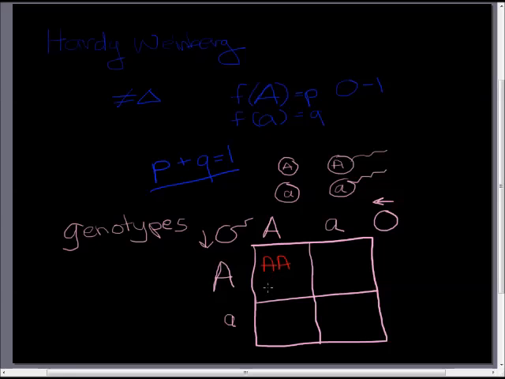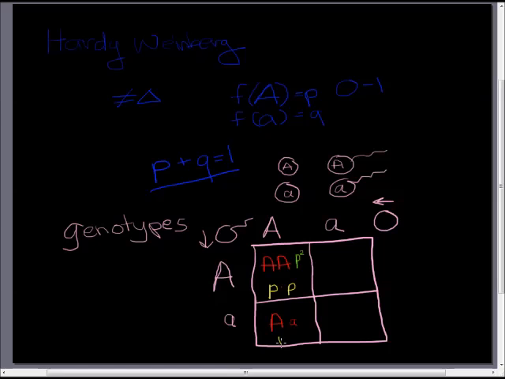So the frequency of finding this is just going to be the proportion of big A eggs times the proportion of big A sperm. So that's going to equal the frequency of the big A sperm compared to all the sperm, so that'll be P, times the frequency of all of the big A eggs, which will also be P. So this is going to equal P squared.